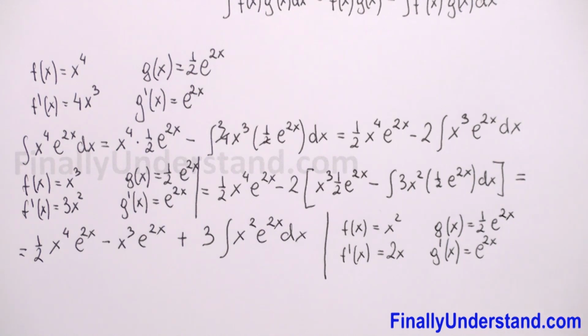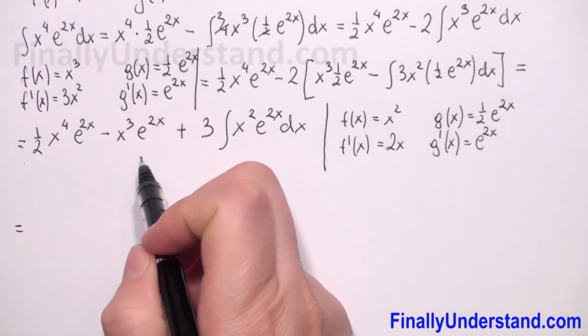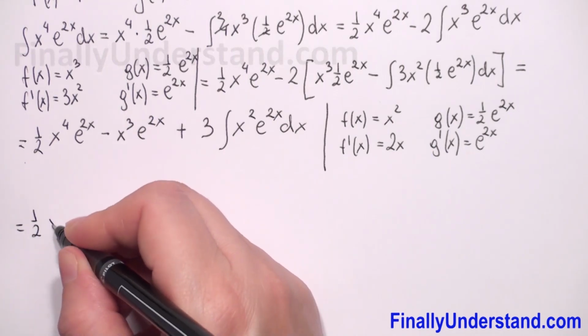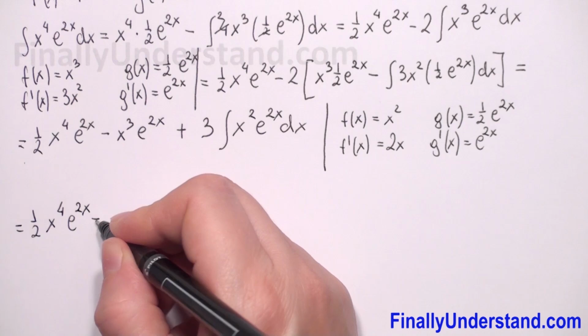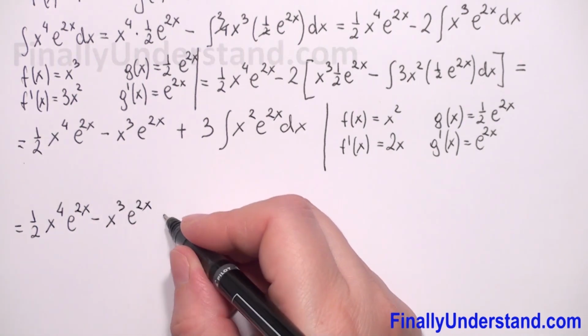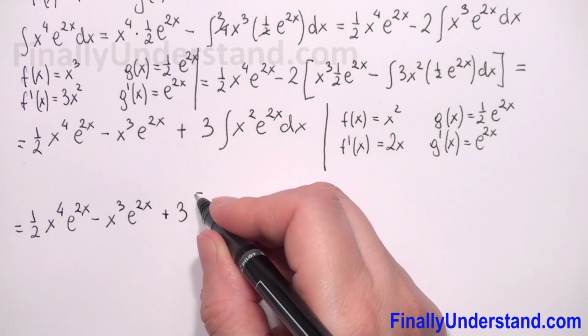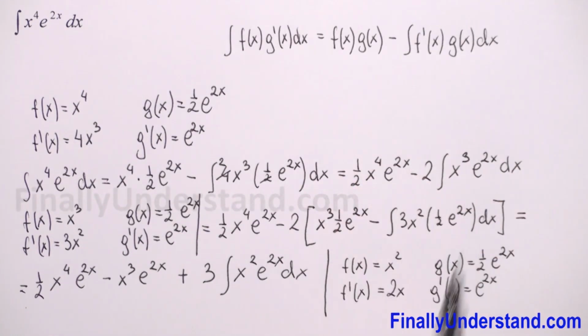So now again we have to copy the beginning. We have 1/2 x to fourth power e to power 2x minus x cubed e to power 2x plus 3, and in brackets first we have to put f times g.